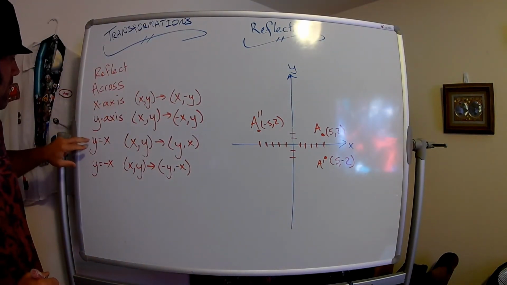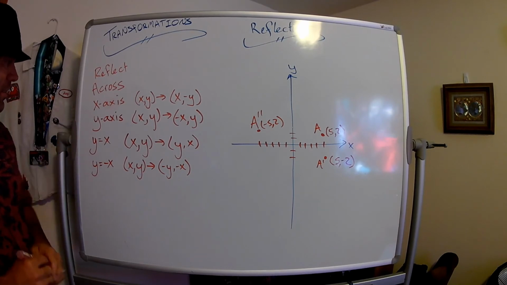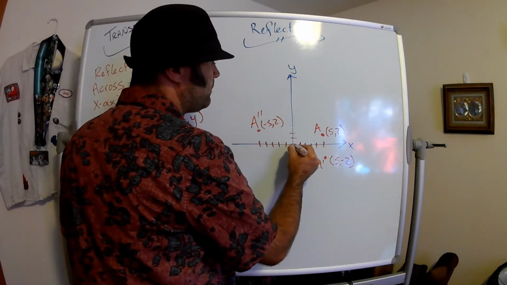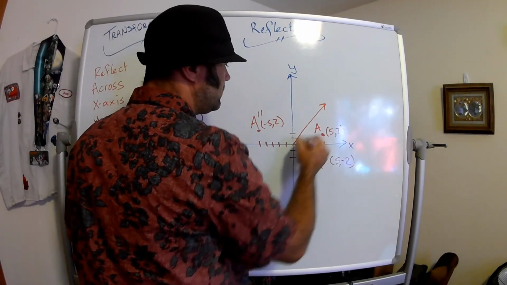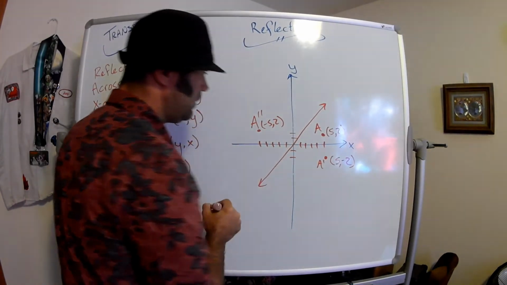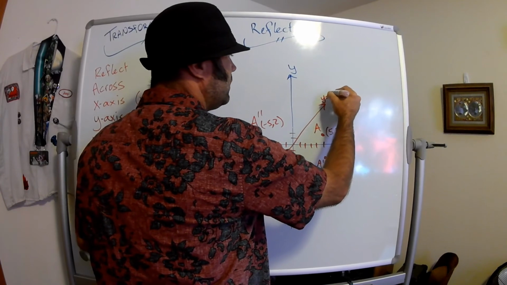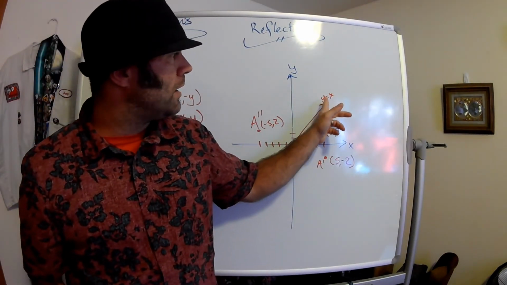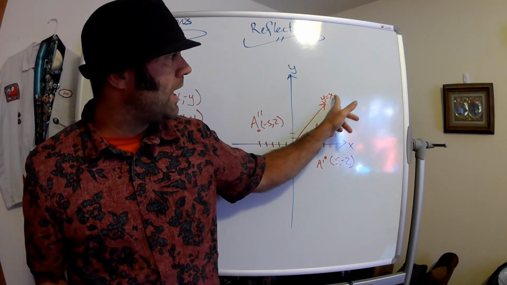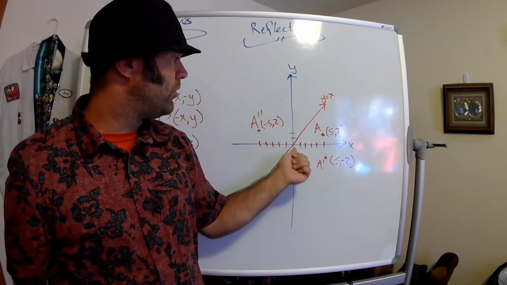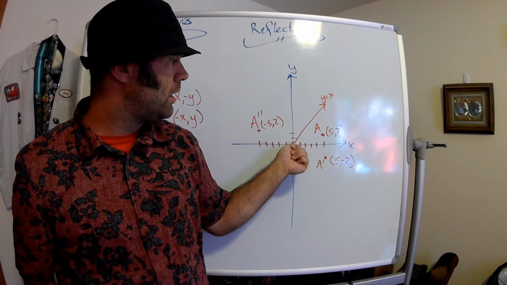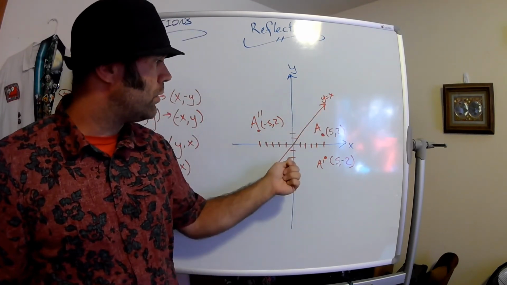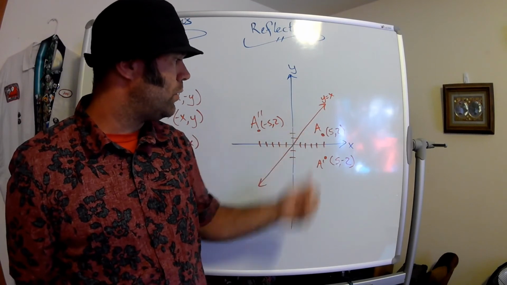All right, the next is y equals x. So the line y equals x, this is the line, and it means that y equals mx plus b, y equals 1x plus 0. So 0, 0 is our intercept, and 1 is our slope. We're going up 1 over 1, up 1 over 1.